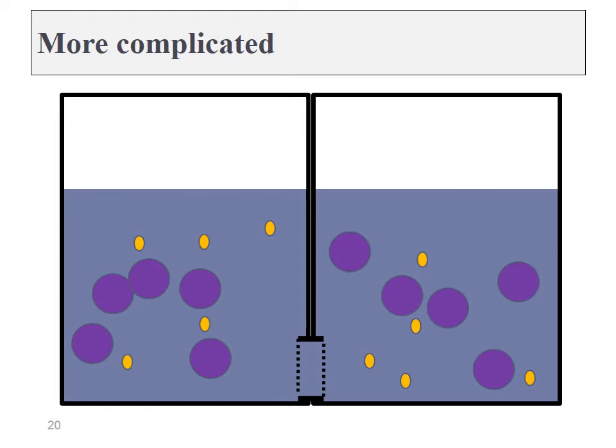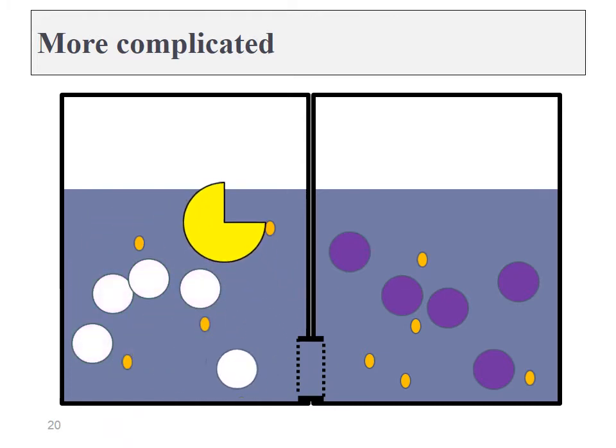Here's where things get more complicated. Let's say I have an enzyme in the left-hand chamber that can convert the big purple solute into a white one that is not capable of moving across the membrane. What would happen next? I would now have a new concentration gradient. Purple would be highly concentrated on one side and white on the other, but the white one cannot diffuse down its concentration gradient.